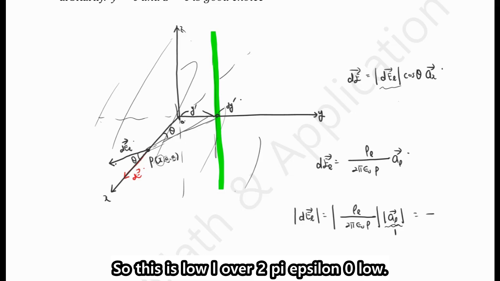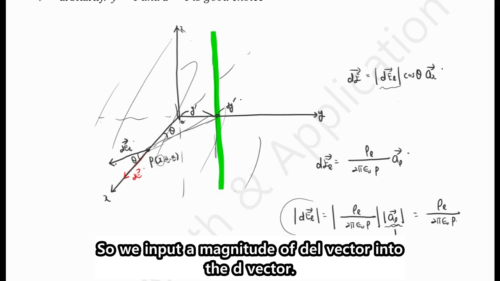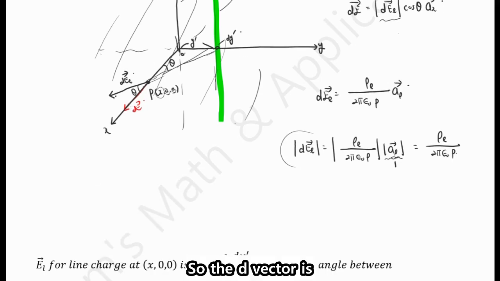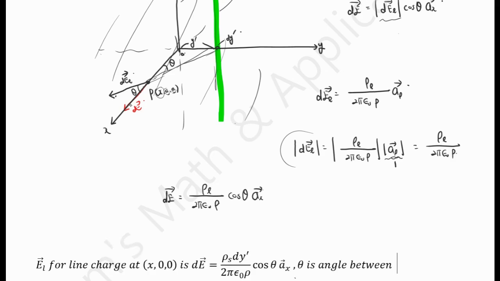So this is rho_L over 2 pi epsilon_0 rho. We input the magnitude of dE into dE_x. So the dE vector is rho_L over 2 pi epsilon_0 rho cosine theta a_x vector.